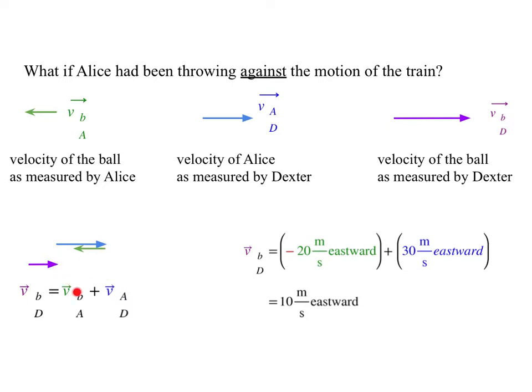I swapped them for no particular reason, but we've done this in tip-to-tail notation, VAD plus VBA, and we're left with this one here. Numerically, we'd have the same kind of equation, but now minus 20 meters per second eastward plus the 30 meters per second originally eastward gives us 10 meters per second eastward. It's still moving forward, but not nearly as fast, because essentially the train saps some of its energy, right? So it traps some of its velocity, although that's fuzzy and not a precise physics term.